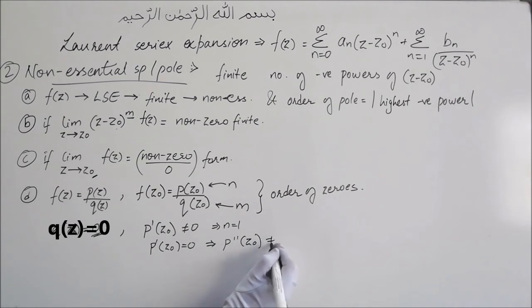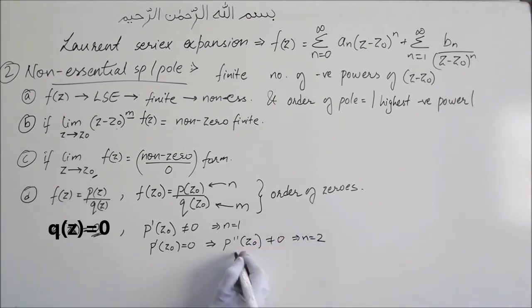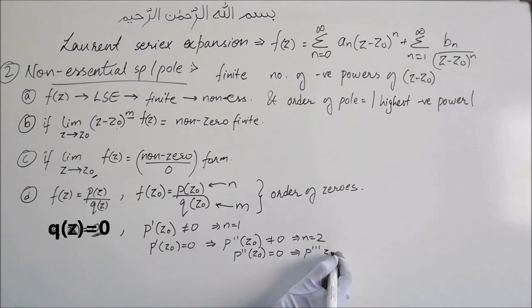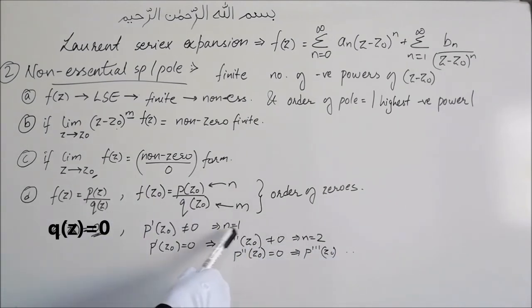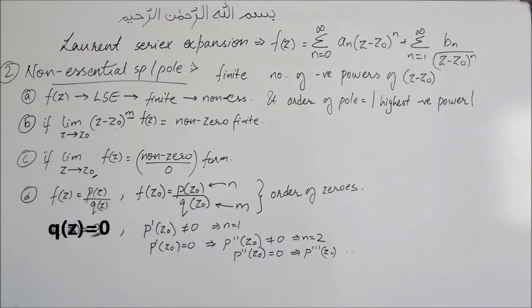Now if this is not equal to 0, then we'll have n equals 2. Otherwise, if p double dash of z naught is equal to 0, we will differentiate it again. This process will go on until we get a non-zero value, and that order of differentiation will be equal to n.